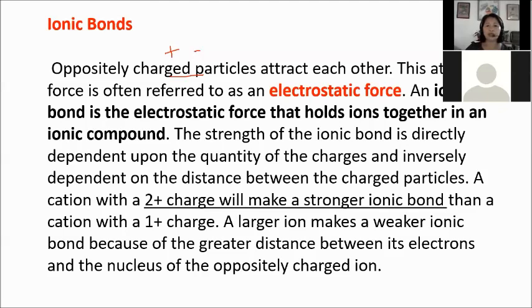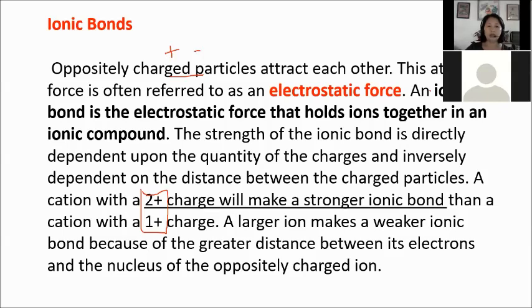Okay, the strength of the ionic bond is directly dependent upon the quantity of the charges and inversely dependent on the distance between the charged particles. And if may makita kayong 2 plus and 1 plus charges, so 2 plus charge will make a stronger ionic bond than 1 plus charge.